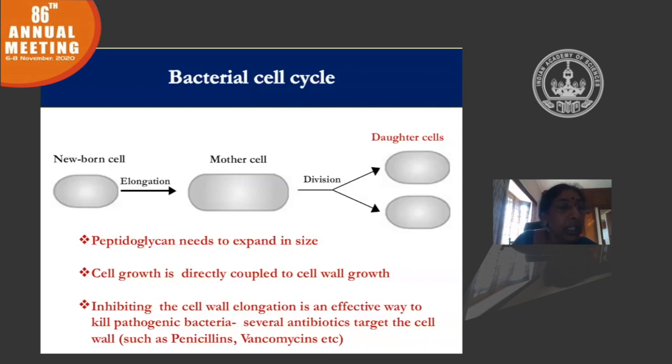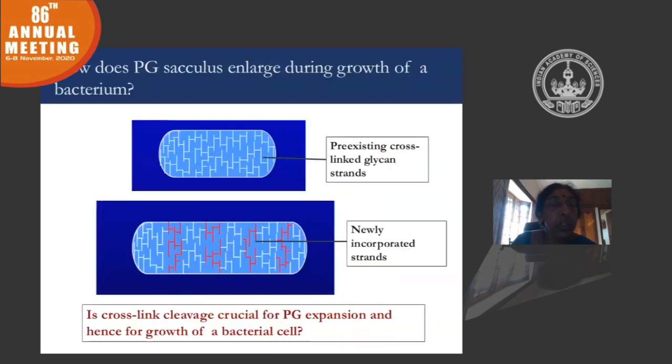Now, this hypothesis that for a newborn cell to become another cell, the cell wall needs to expand, forms the basis of my work. So several years ago, we asked this question: how does a PG sacculus grow in size when cells are growing?